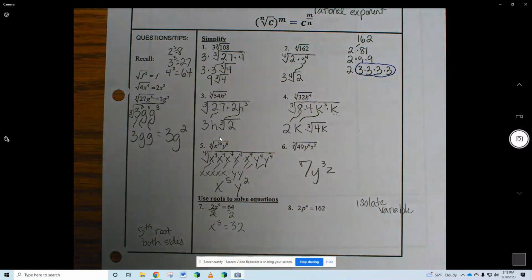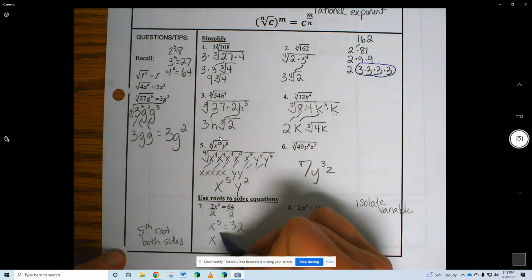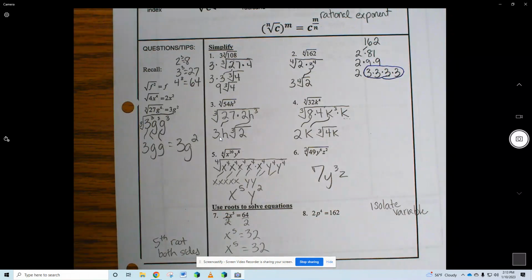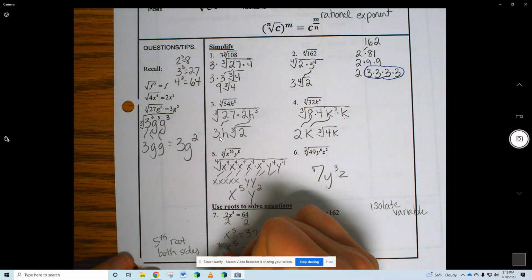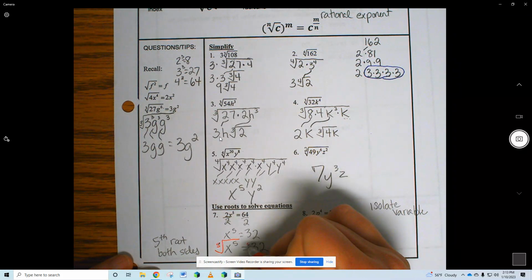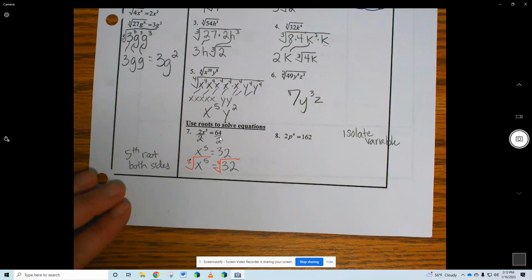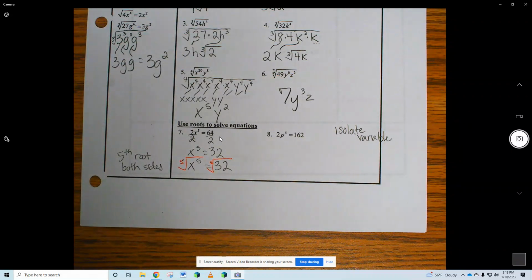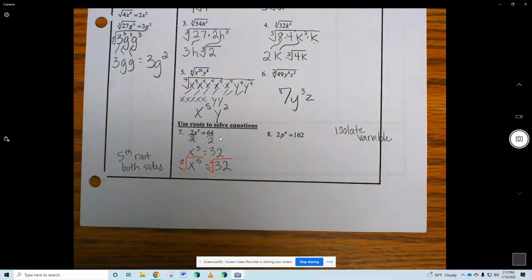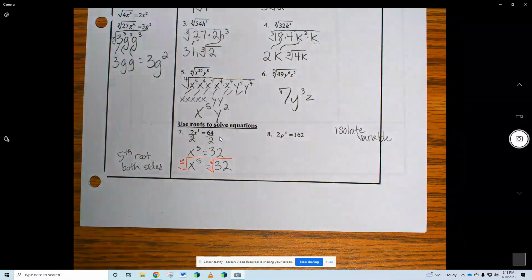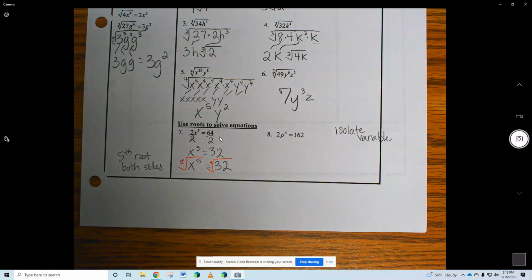So I'll do that in a different color, like this. 5th root in order to cancel out the exponent of 5. There is a number that when you multiply it 5 times by itself, it's 32. What is it? 2.